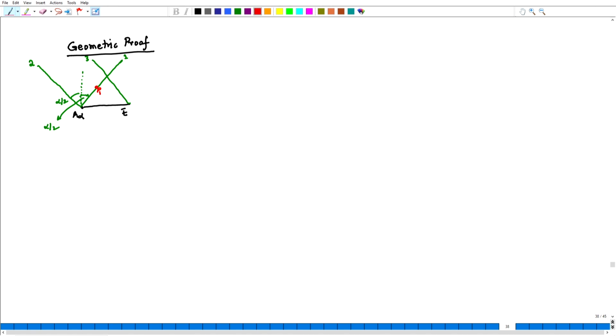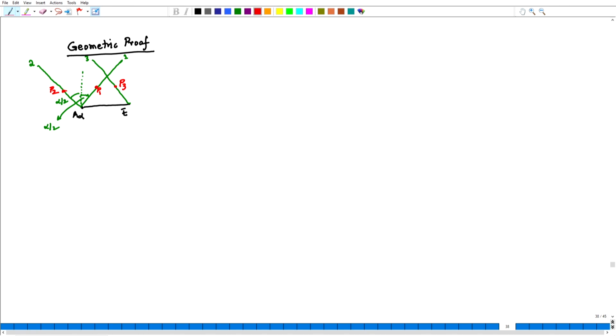This point P1 will also rotate as the line rotates, and it will come to a new position, call it P2. And when we translate, this point P2 will come to a position on line 3, and I will call that point P3.